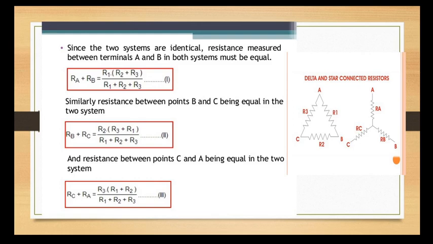So you get three equations by analyzing the resistance between the points A and B, B and C, and C and A. You have to check which resistances are connected in series and which in parallel. By analyzing the three pairs of terminals, you get the total resistance as RA plus RB, RB plus RC and RC plus RA. So you get three equations.